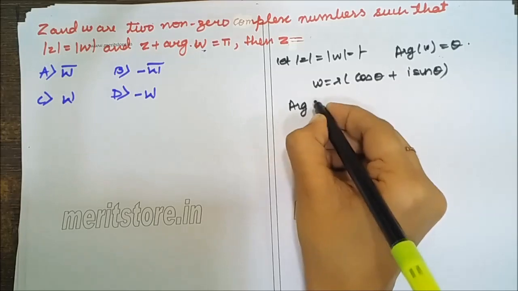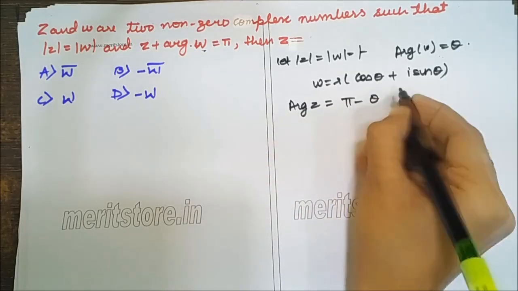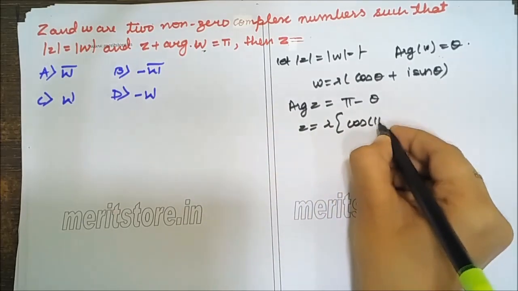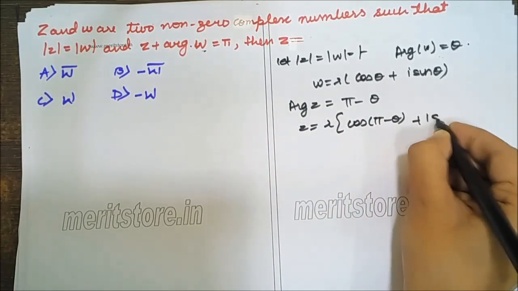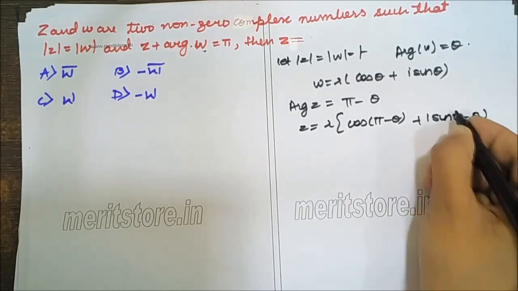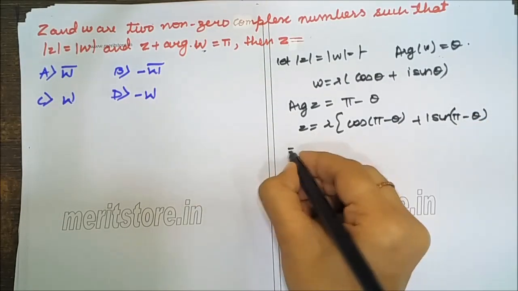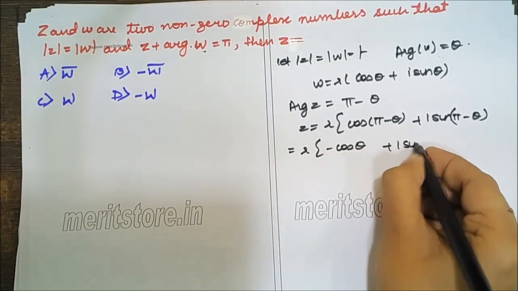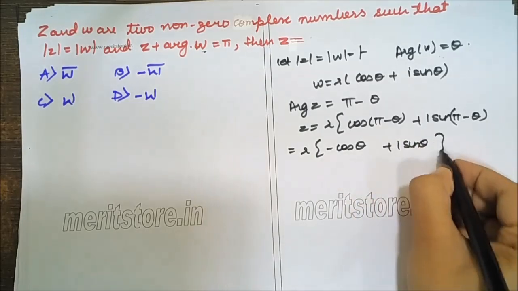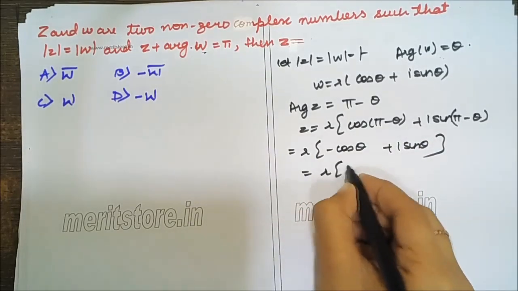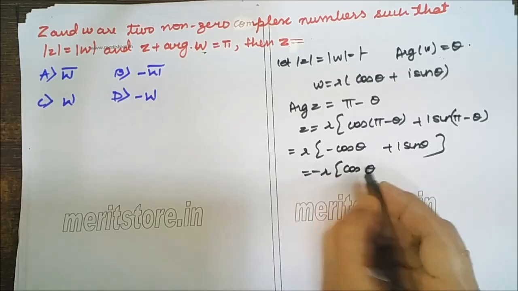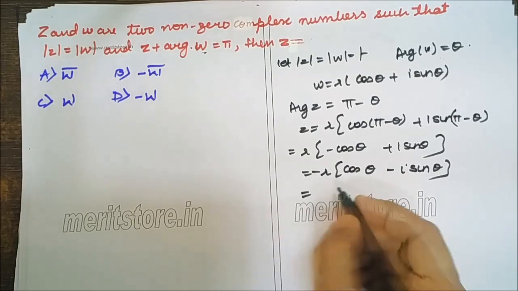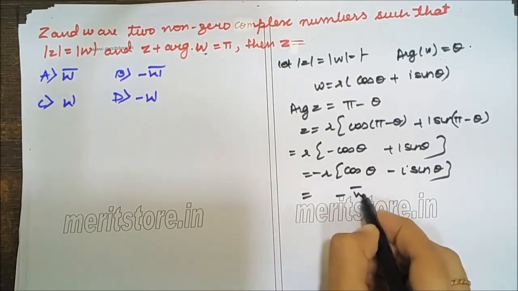So argument of z is equal to pi minus theta. So z is equal to r of cos of (pi minus theta) plus i sin of (pi minus theta). So this is r of (minus cos theta plus i sin theta). That is nothing but minus r of (cos theta minus i sin theta), taking minus common. So that is minus w bar.